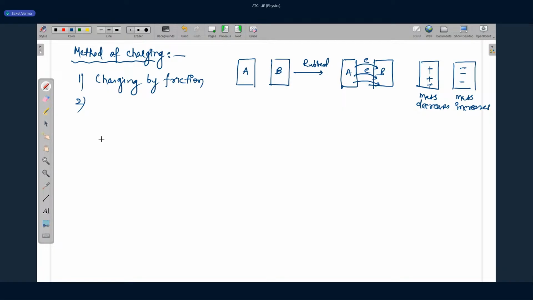Now the second method is charging by induction. So, how do you charge by induction? When a charged body is brought near an uncharged body, a charge appears on the surface of the uncharged body due to the attractive or repulsive force between the charges.